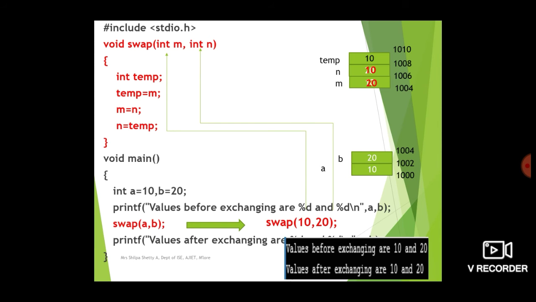Whatever changes we have done in the function definition, that is in the swap function, are applicable only to the formal parameters, that is only to m and n, but not to the actual parameters a and b. So this is call by value. When you use the call by value technique, any changes done to the parameter inside the function definition are not visible to the function call.